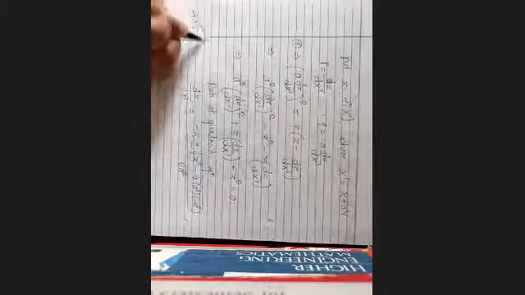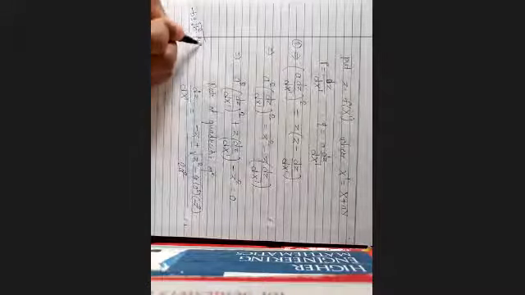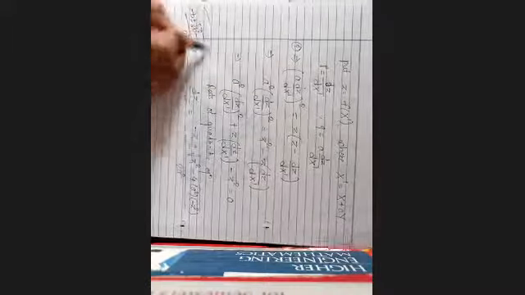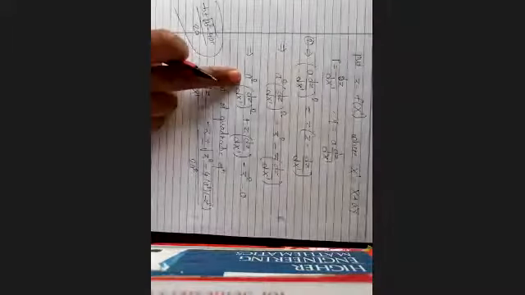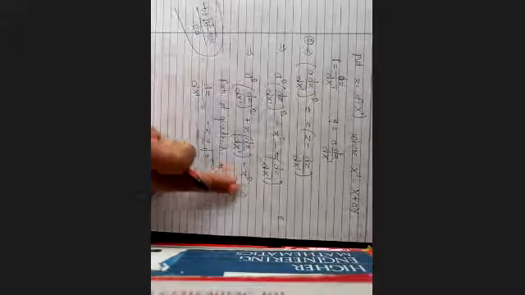I can write here minus b plus minus root b square minus 4ac upon 2a. This is the root. So a is here a square, b is z, and c is minus z square. Applying this, we get minus z plus minus under root z square plus 4a square z square upon 2a square.